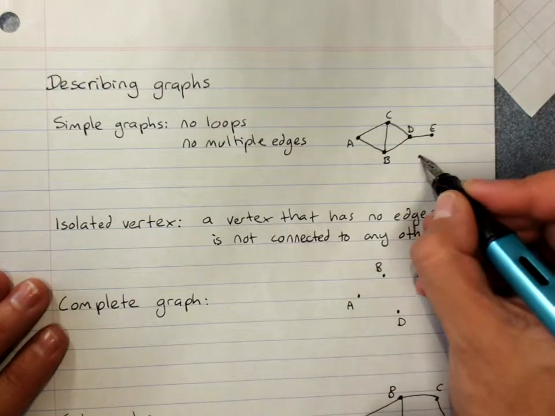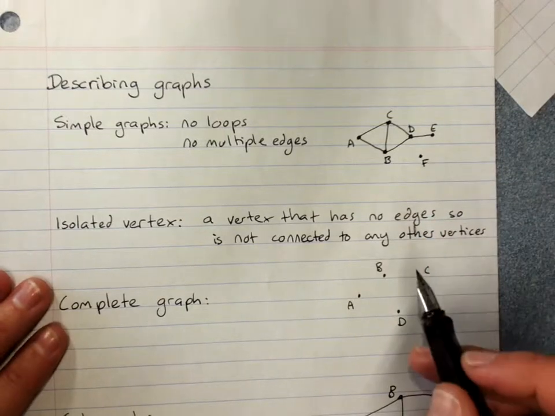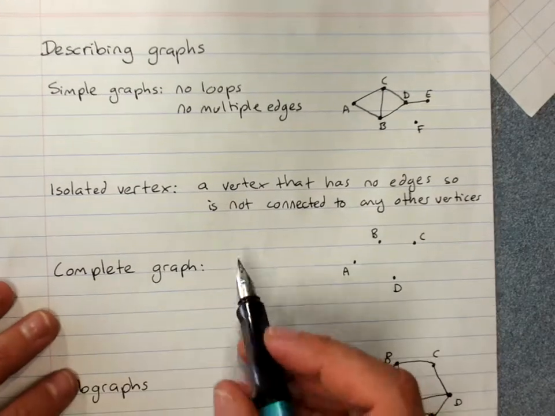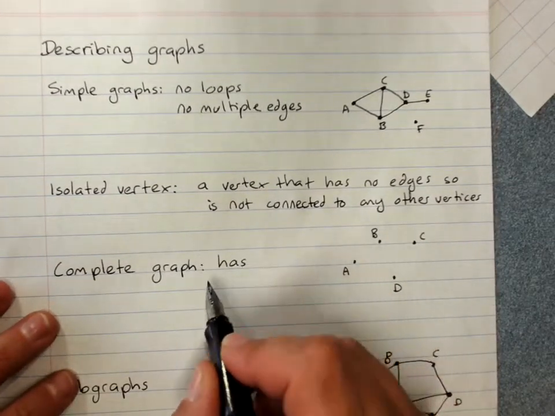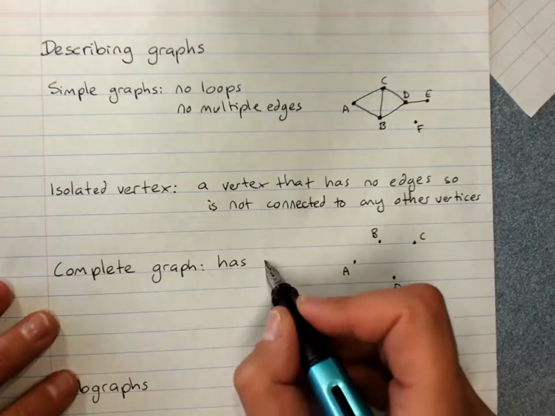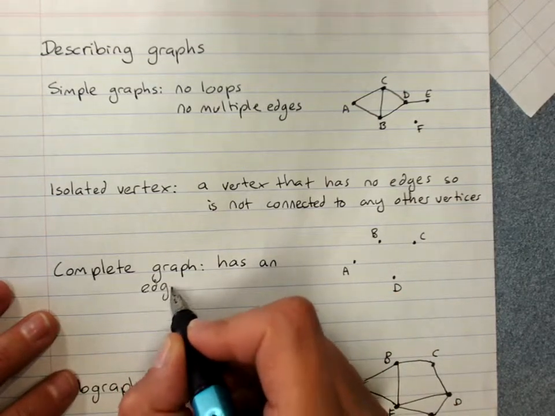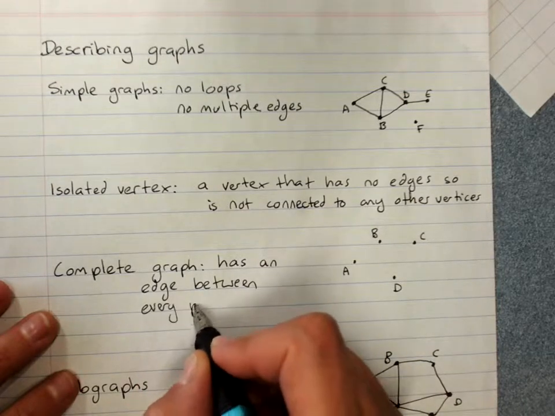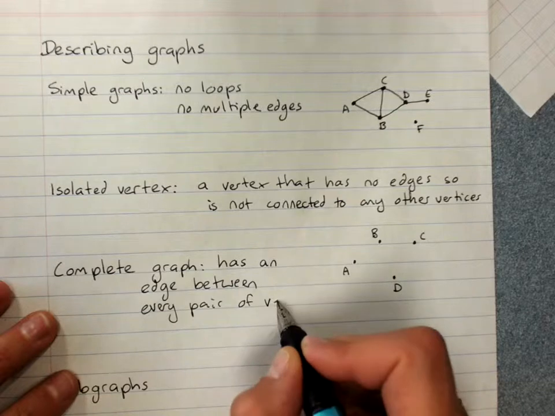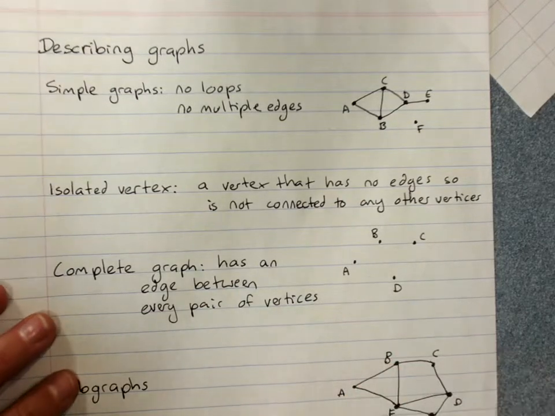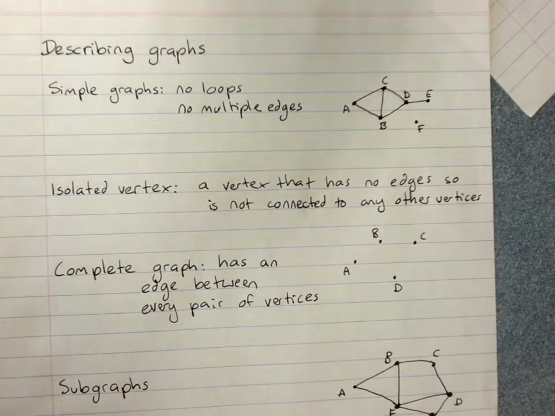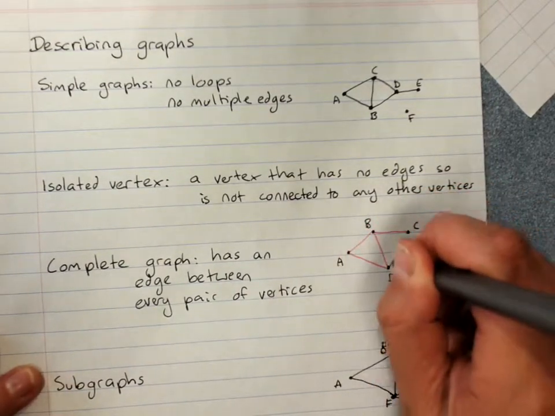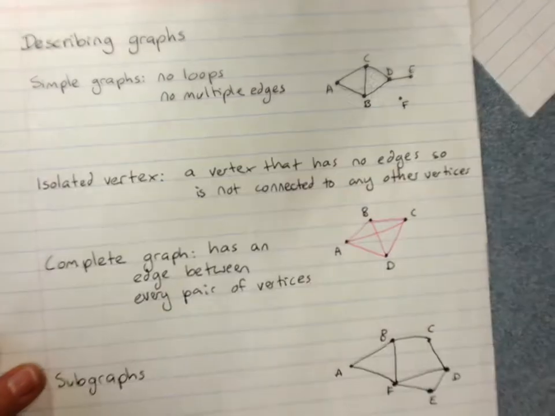So if I add vertex F and no edges, that is an isolated vertex. A complete graph has an edge between every pair of vertices. So to make this graph complete, I would have to make sure that every possible pair of vertices had an edge between them.